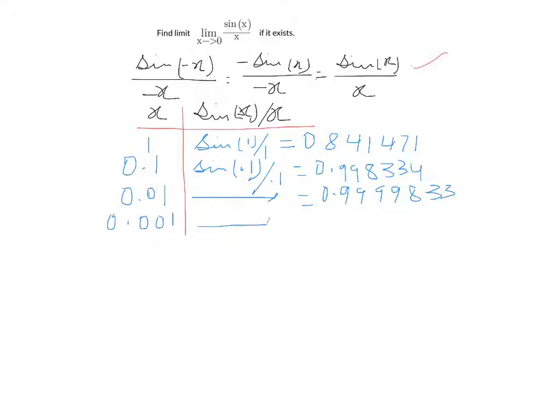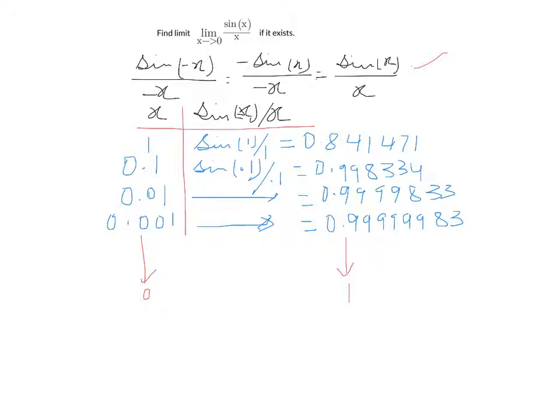When 0.001 is substituted for x in this function, the corresponding value will be evaluated to 0.99999983. Now, clearly, these x values are all approaching 0, and these values are approaching 1.